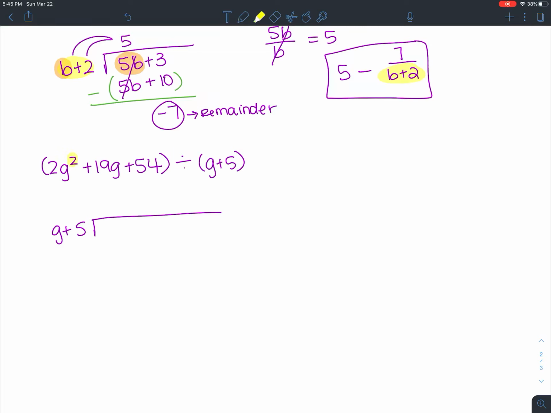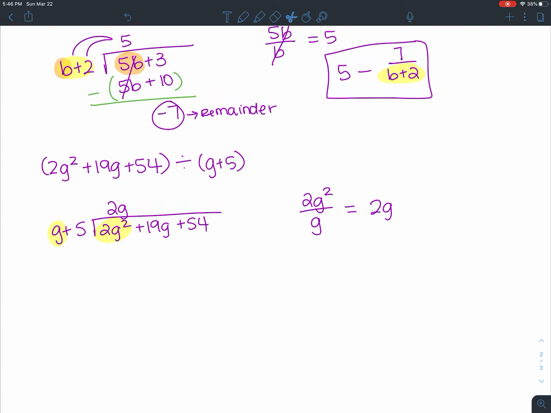I have degrees 2, 1, and none, so I'm in standard form here, and no missing numbers or places. Okay, so now I want to look at just the leading coefficients, okay? 2g squared divided by g is 2g, so that's what I'm going to put up top.